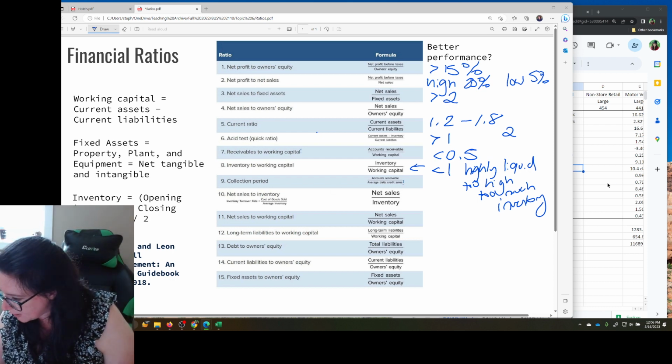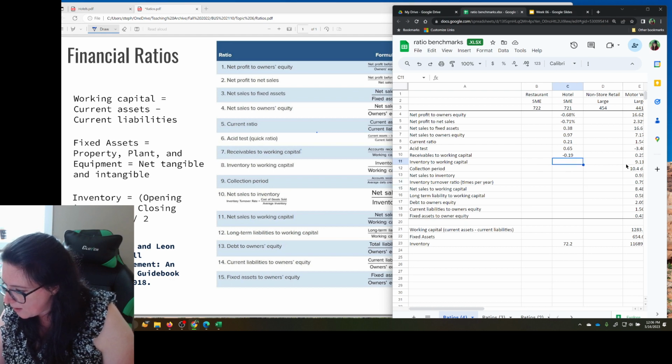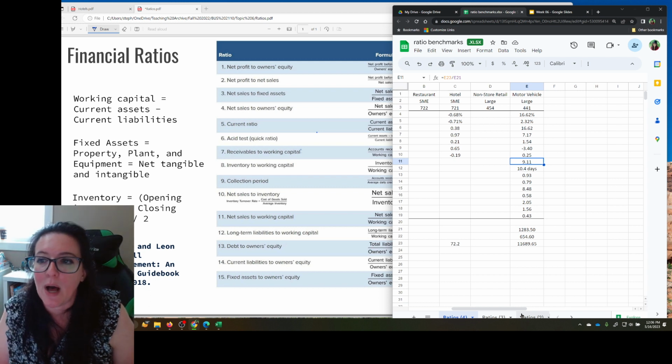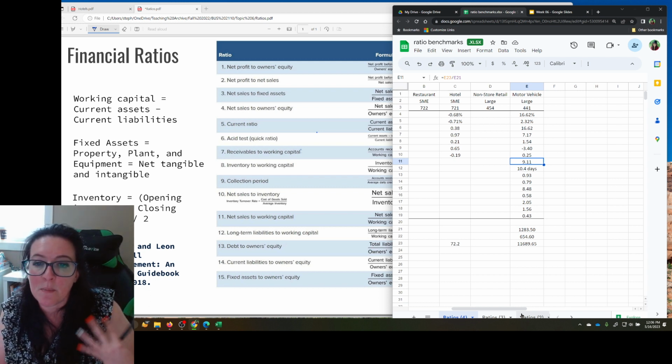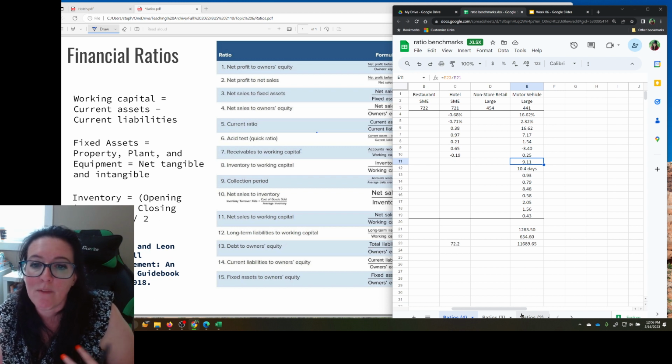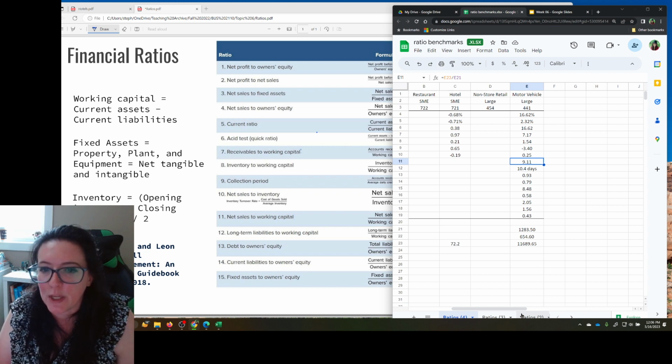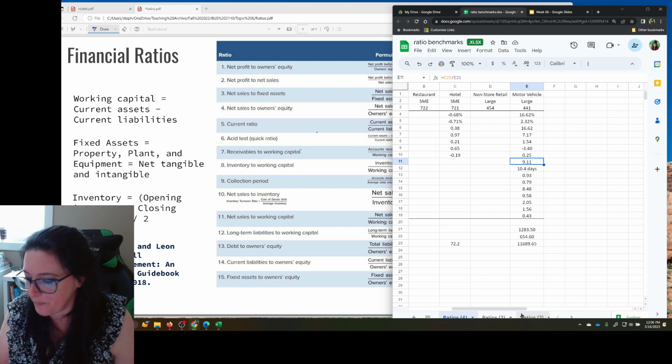So let's take a look at what's happening here. And you can see with the motor vehicle industry, they're sitting at 9. So you'd want, if you were Ford, to say, okay, well, how do we compare to that? If our number is twice as high, then we have way more inventory than is typical for vehicle production. So we're looking at operational efficiency.